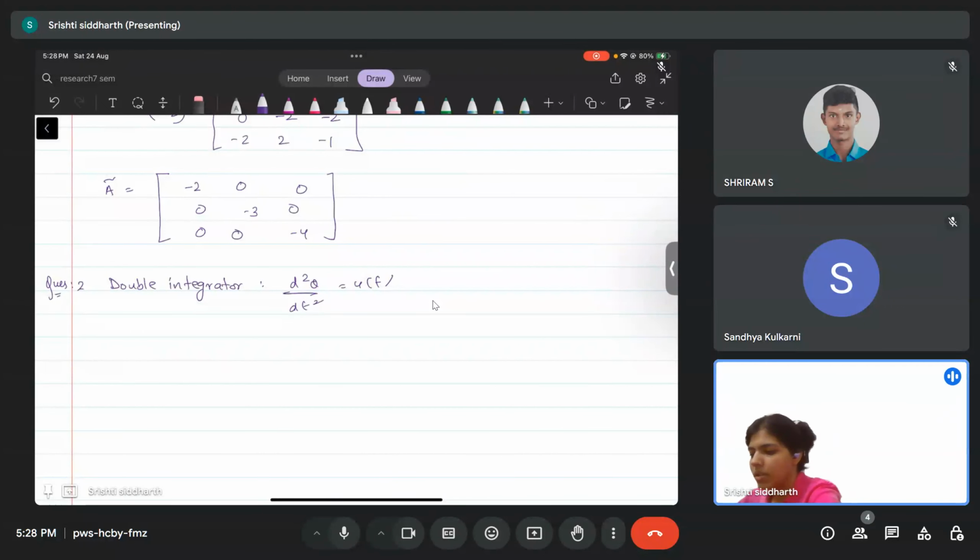So what we can imagine is that there is some pendulum. This is the angle theta. So u is the torque applied to the pendulum, and this is the differential equation for the pendulum. So this is second order.